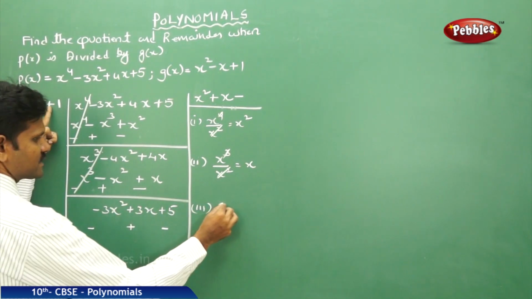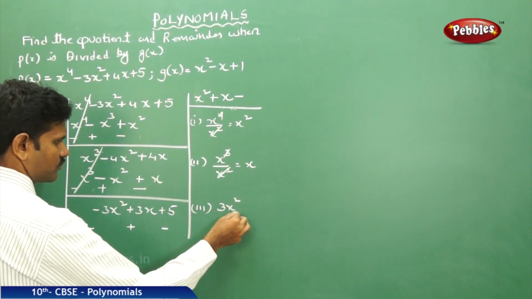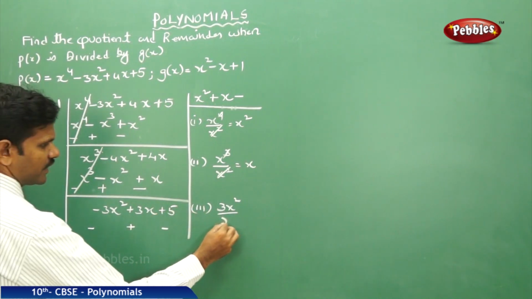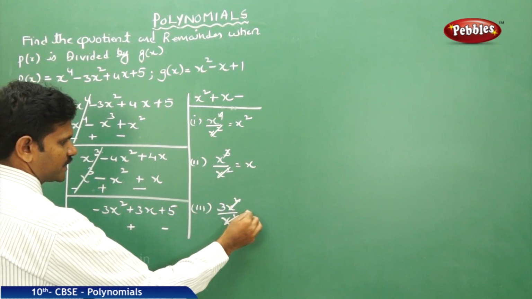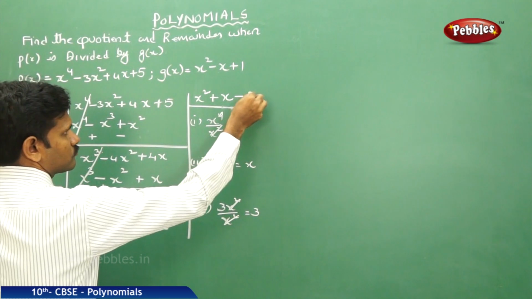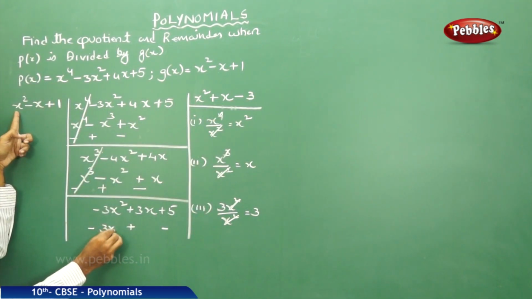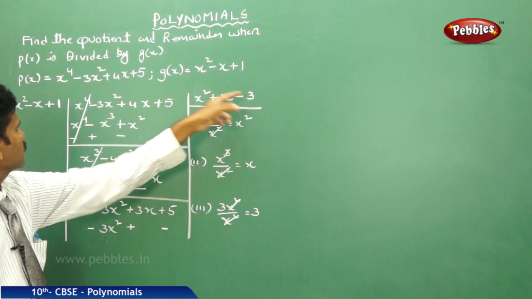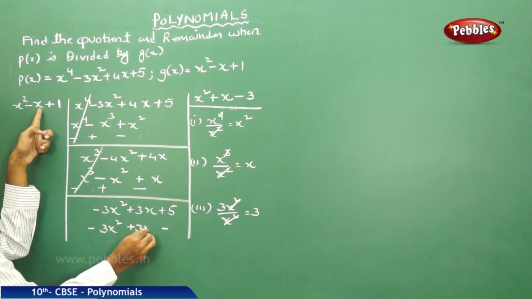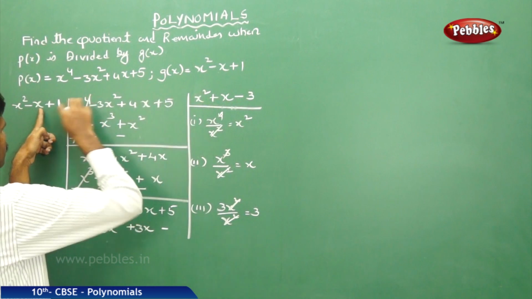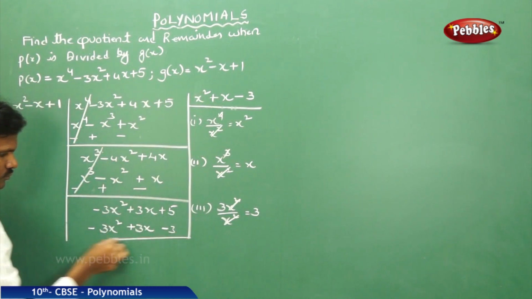Now third cancellation: 3x square by x square, x square gets cancelled, that is equal to 3. 3 into x square is 3x square, 3 into x is 3x, 3 ones are 3.